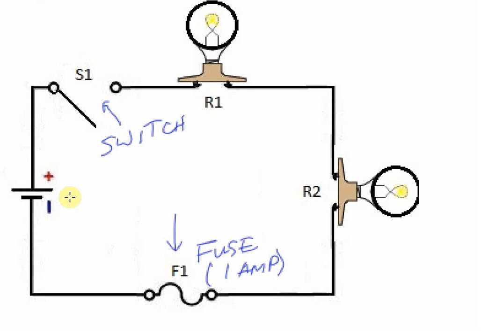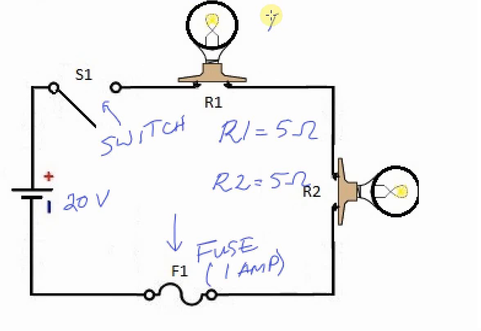So if we were given this example here where this was a 20-volt DC battery, and if R1 had a resistance of 5 ohms, and if R2 had a resistance of 5 ohms, this is a simple series circuit.